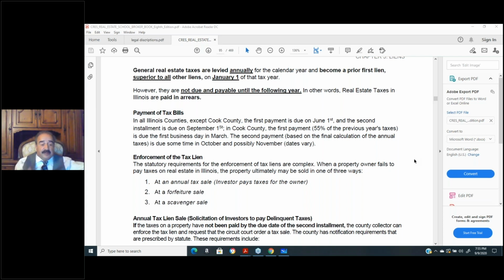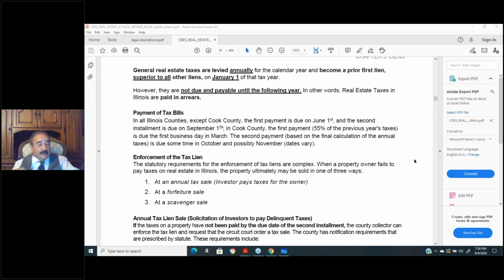Now, if someone doesn't pay their property taxes, every year they have an annual tax sale. Now, you have to be 6 months behind in Cook County to have the annual tax sale. Every county is six months behind. But let's say I did not pay my property taxes, so it went to the annual tax sale. So you can buy my property for the taxes, but you don't take over my property because I have 2 years to redeem the property.